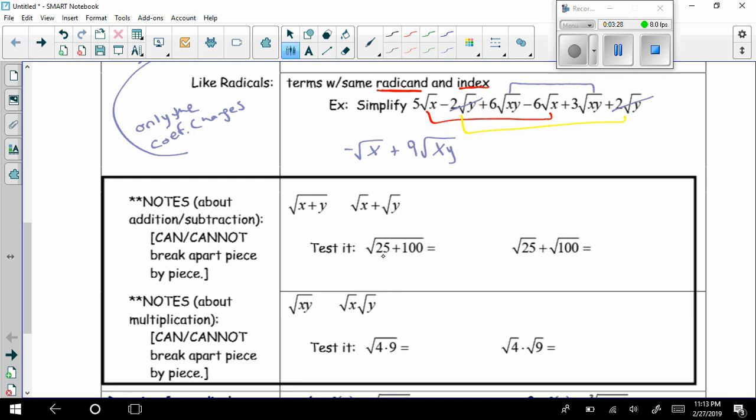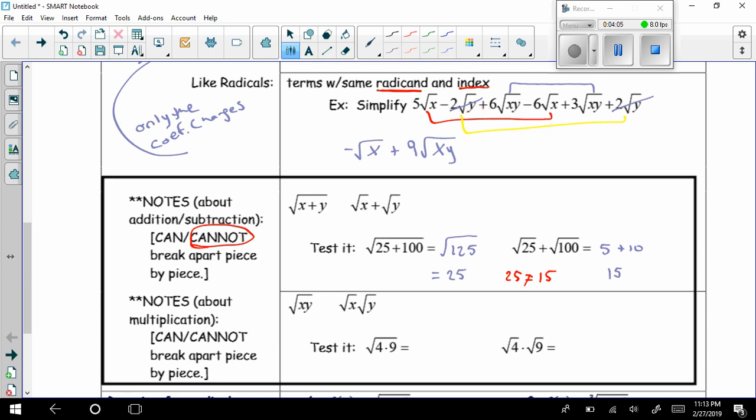So root of 25 plus 100 is the same as root 125, which is not 25. Where over here you have the square root of 25 plus the square root of 100, which is the same as 5 plus 10, which is 15. And hopefully it's pretty clear that 25 does not equal 15. So you cannot break apart pieces and do these piece by piece when you are adding or subtracting.